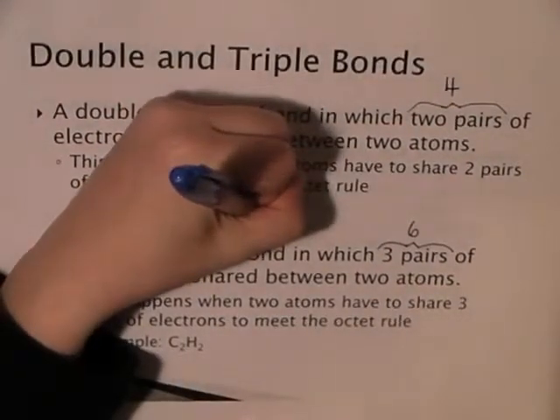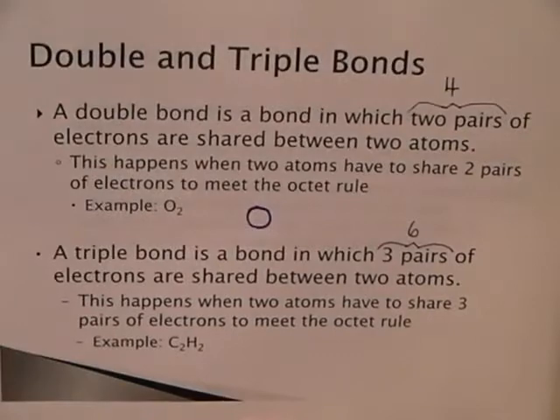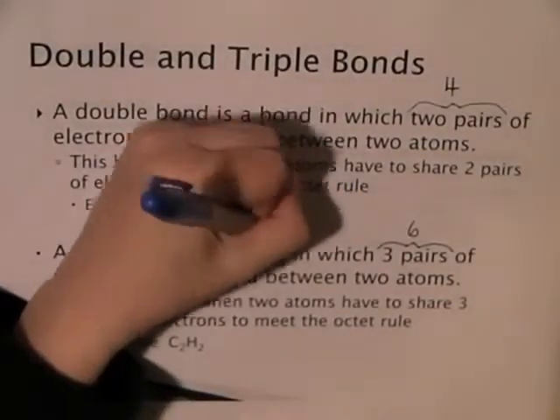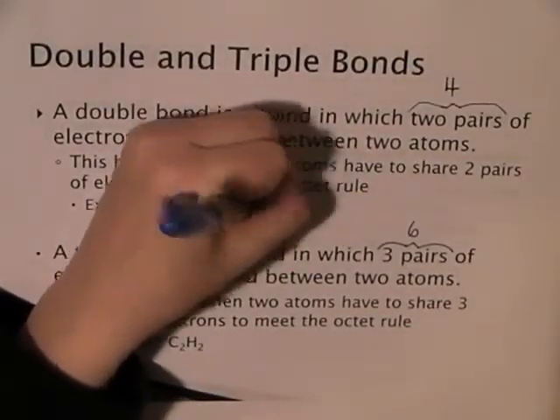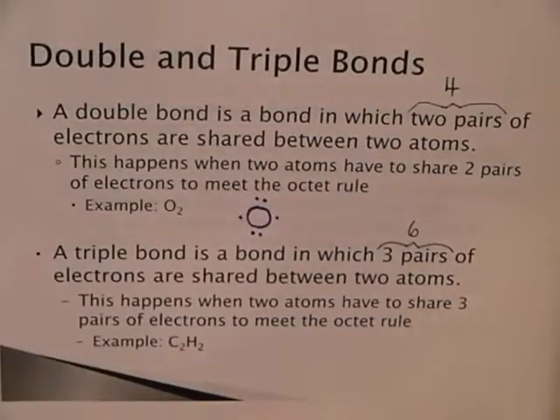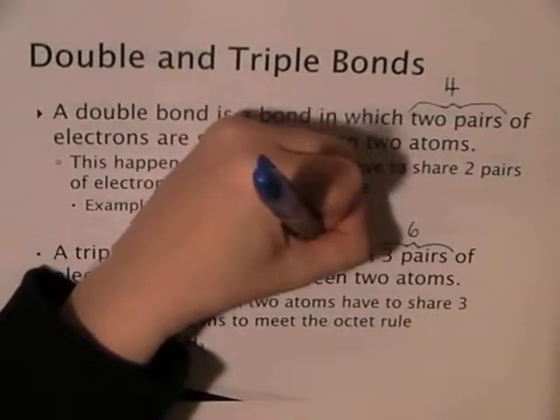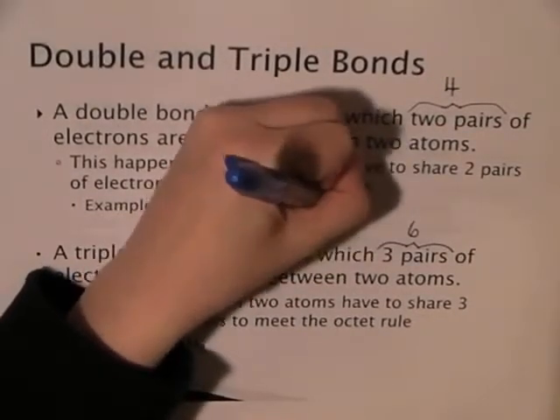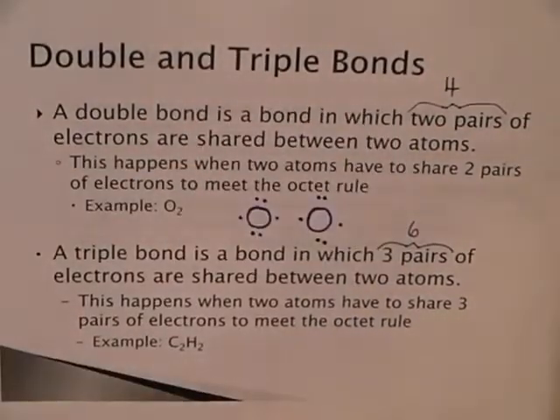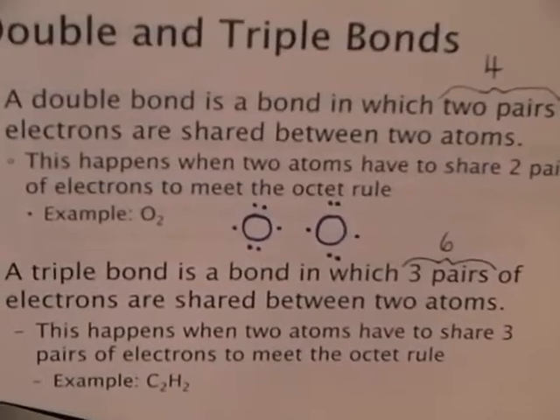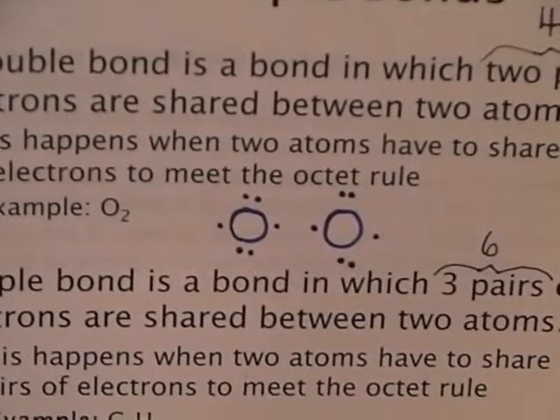So if we draw the dot diagram for oxygen, we know we've got 1, 2, 3, 4, 5, 6 valence electrons for oxygen, and there's 2 of them, so we should draw them both. 1, 2, 3, 4, 5, 6. I'll zoom in on this a little.